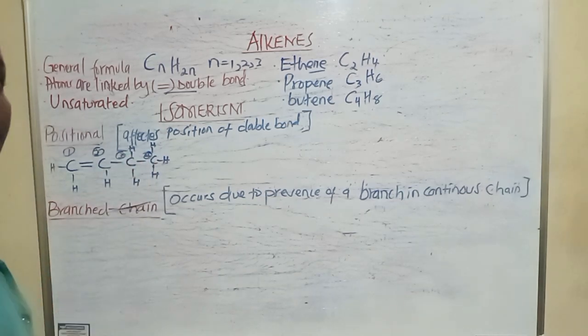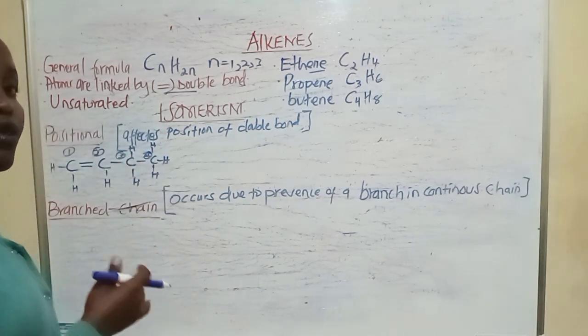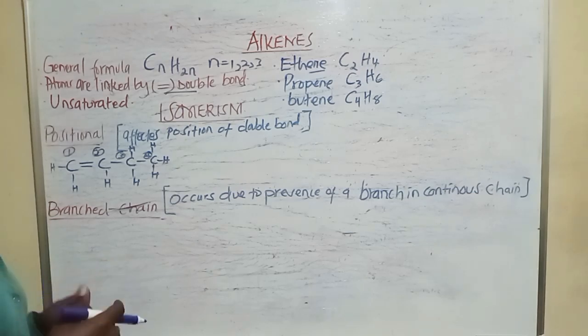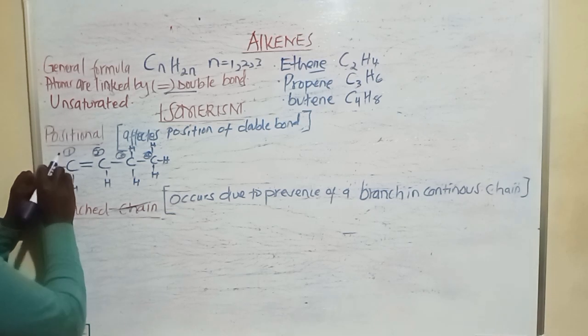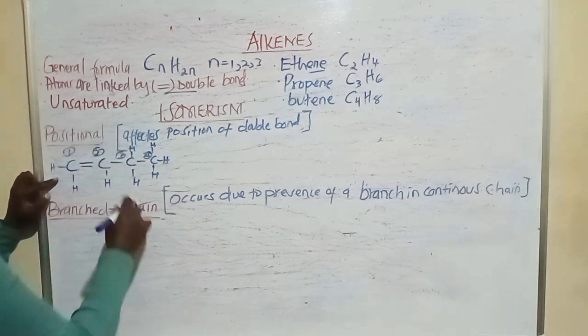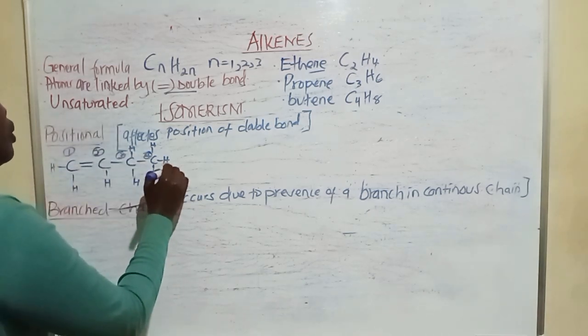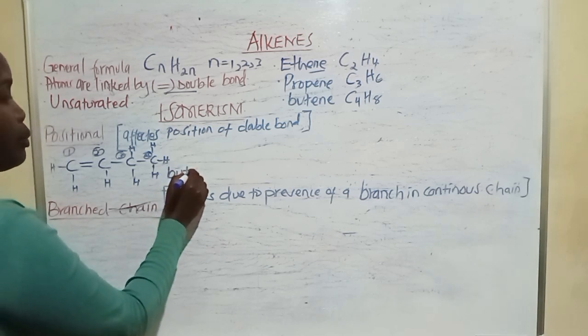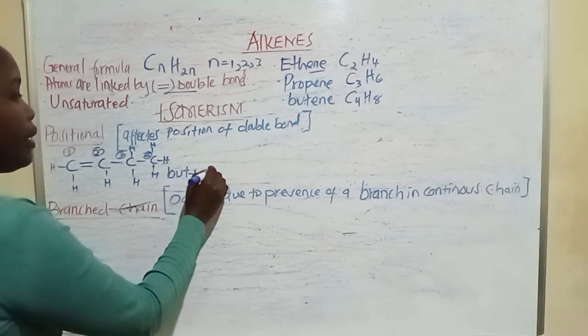Remember, while naming, we said you start numbering from the side that gives the double bond the least number. In this case, it's this side, 1, 2. So we are going to name it as but-1-ene.